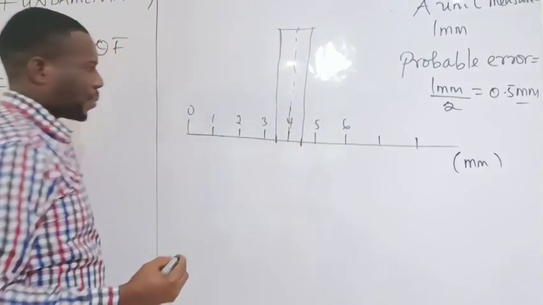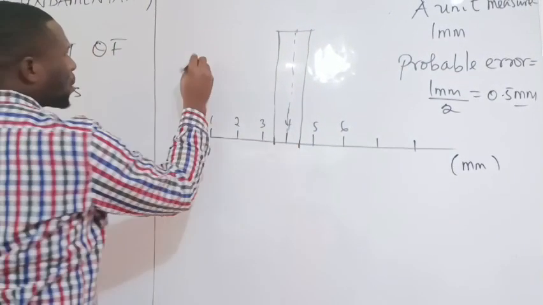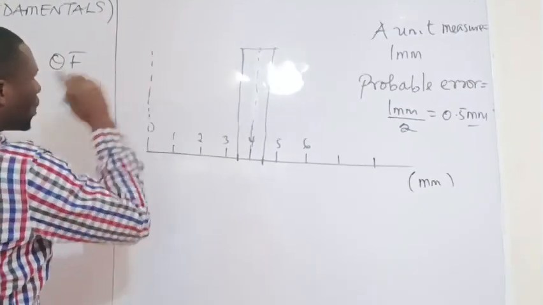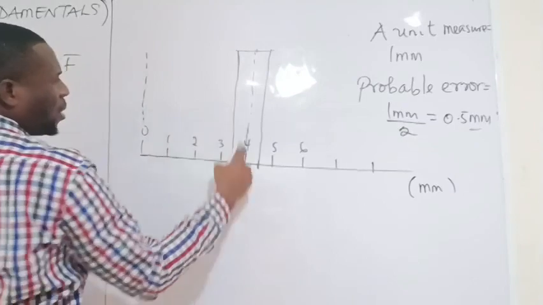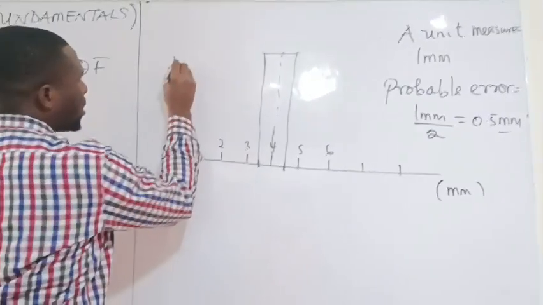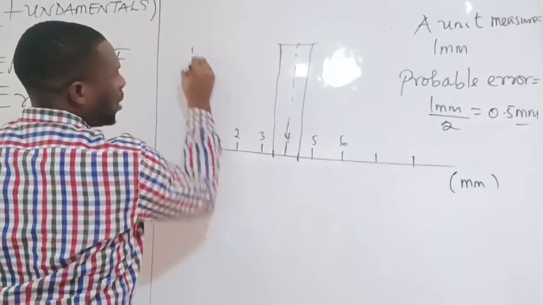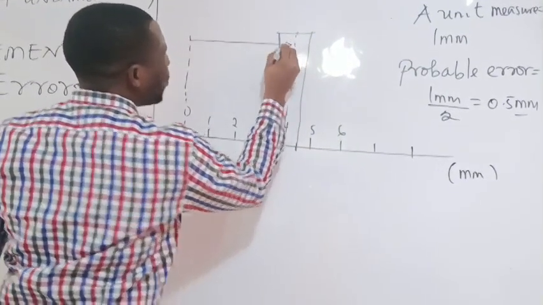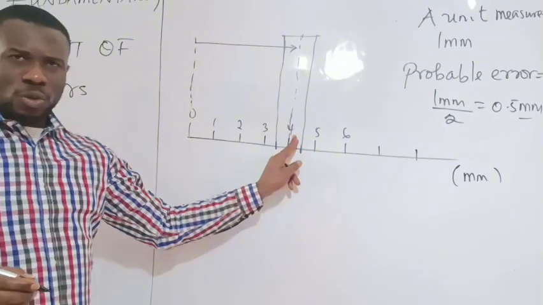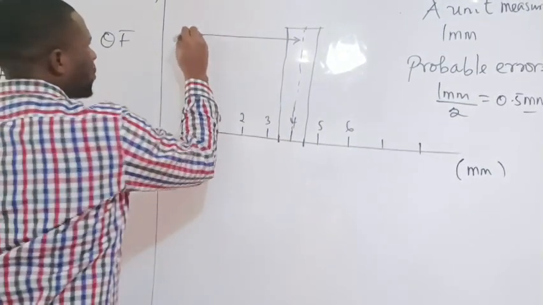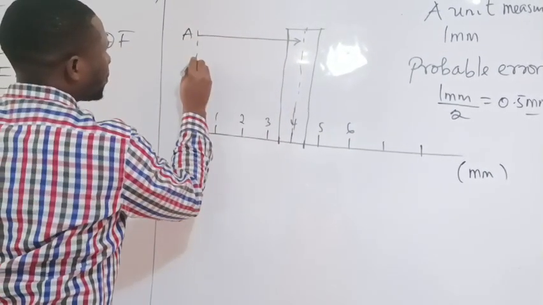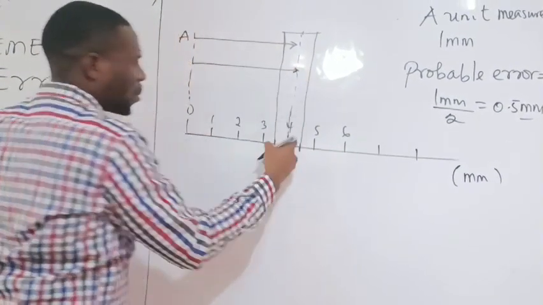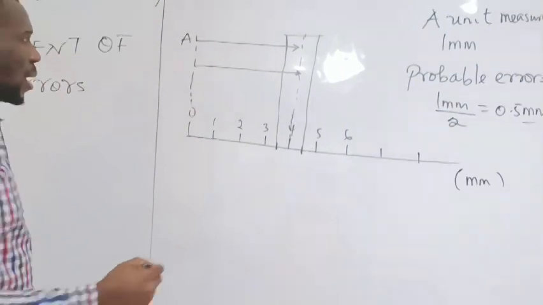Now look at this. Let's take for instance that there are 3 persons. They start off from 0, and the first person measured this actual value. He wants to hit a target, and he figured out in this scale and found out that he came pretty close to the exact or the true value. This is person A. The other person came right on the spot, measured 4 millimeter.